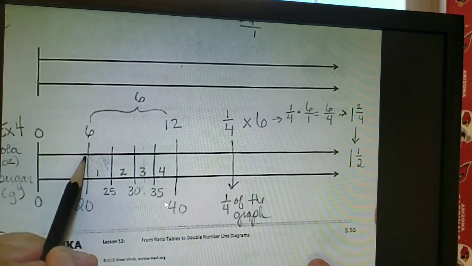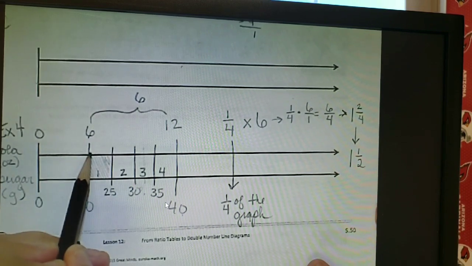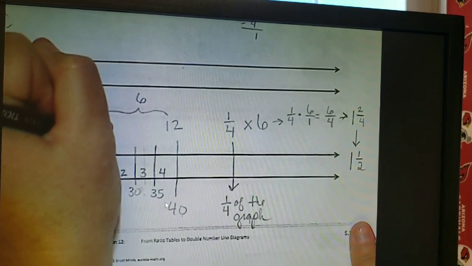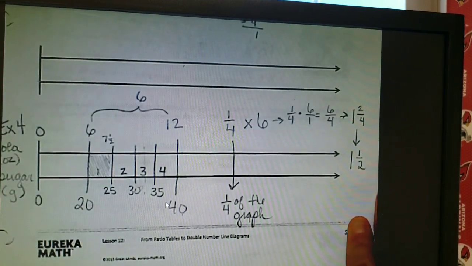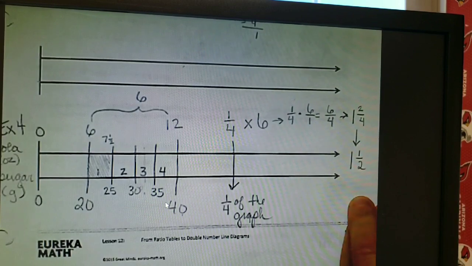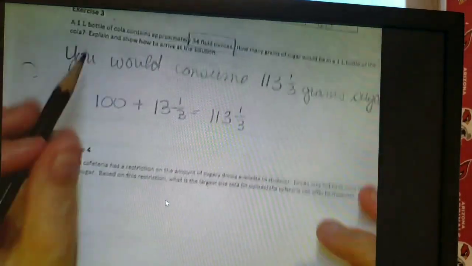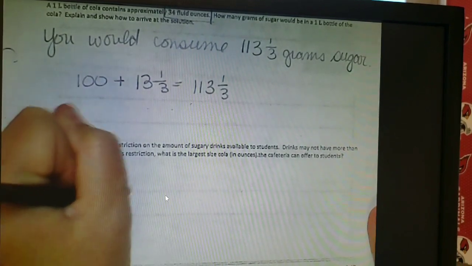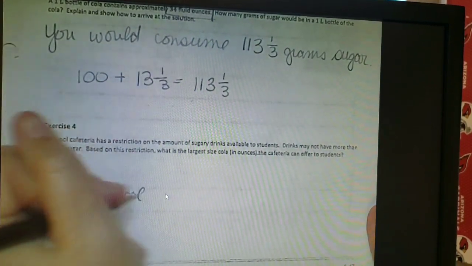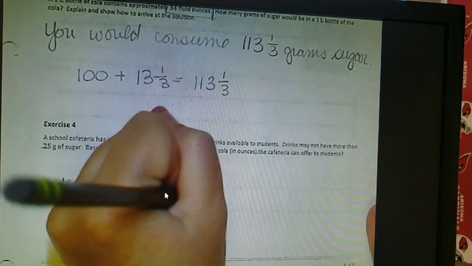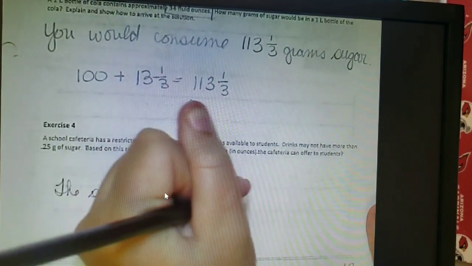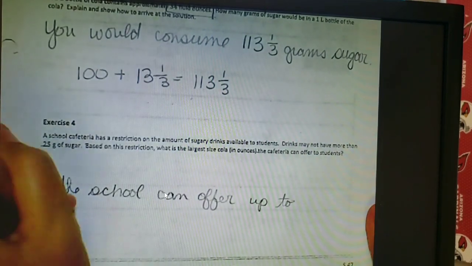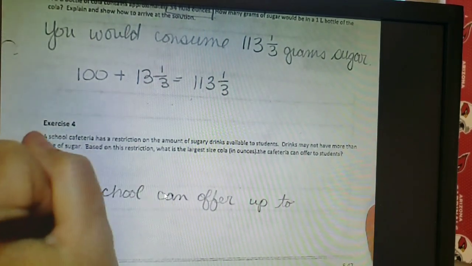If I had 6 and I'm going to add 1.5, that would be 7.5. So the answer for this one is that the school can offer up to 7.5 ounce sodas.